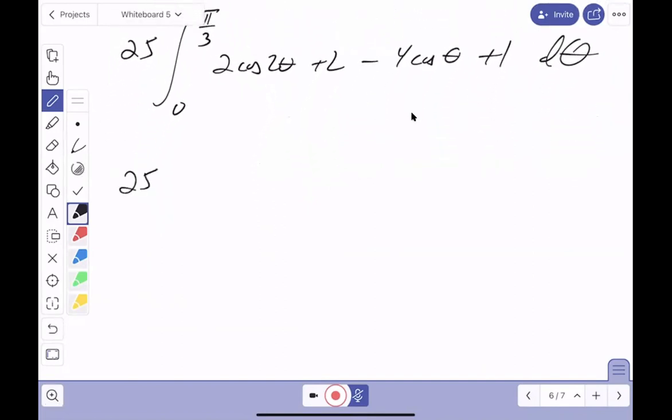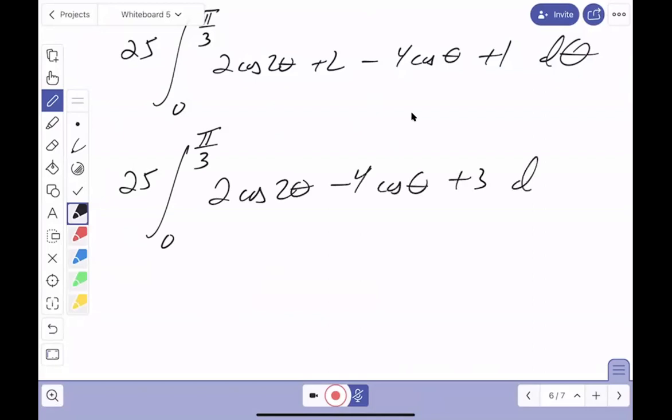You get 25, 0 to pi over 3, 2 cosine 2 theta minus 4 cosine theta plus 3 d theta.